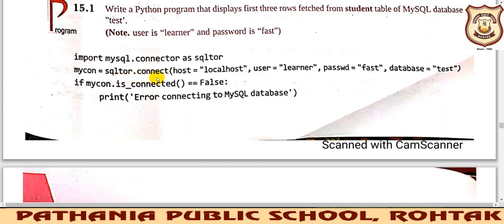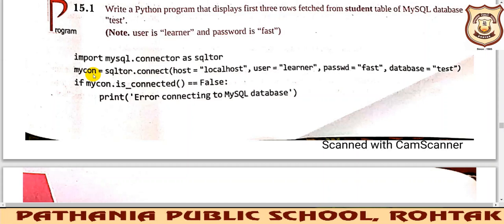Whatever the report this connect function gives, either the connection will be connected, meaning you will get the connectivity of Python to MySQL, or you will not get the connectivity. If you get the connectivity, this complete statement will get replaced by 1, and if the connectivity is not there, then this complete statement will be replaced by 0. So this myCon, which is a connection object, is going to store either 0 or 1.